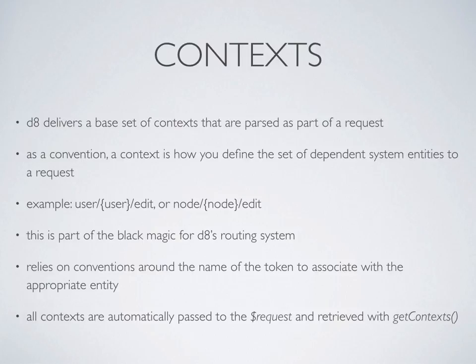Anytime you provide them as part of your routing system, or you say, I'm expecting this context, it will somehow try to determine that within Drupal from your request. So anytime you're extending functionality, you can leverage context to bring in other system functionality that already exists. And if you want to write your own, you could do that too.